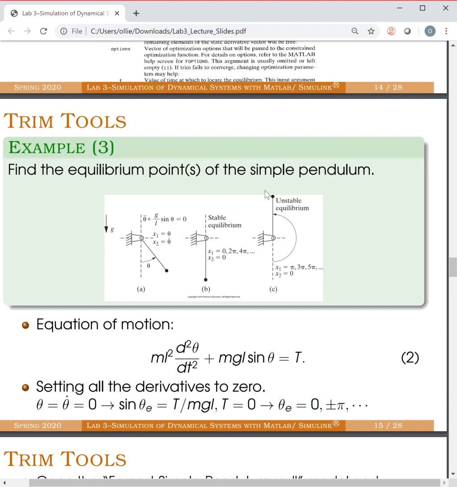Of course, this is unstable because just some slight disturbance will send it swinging around, whereas here, when it's more stable, some slight disturbance isn't going to change the system that drastically. In an unstable equilibrium, it can completely change the system and set things moving.